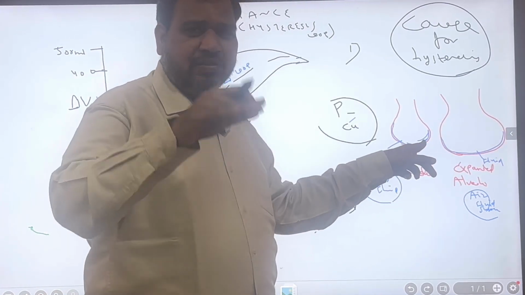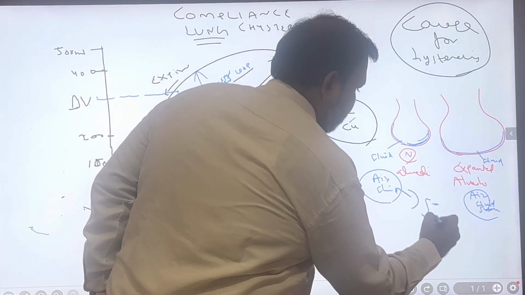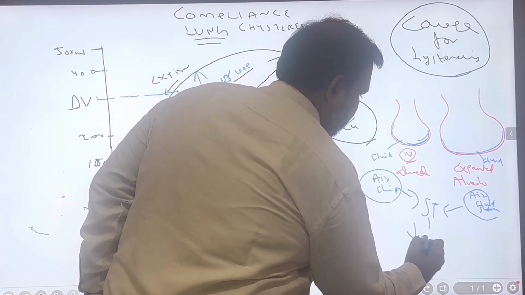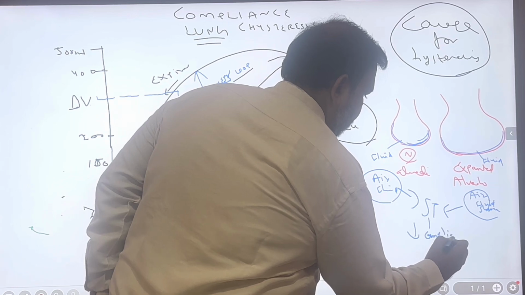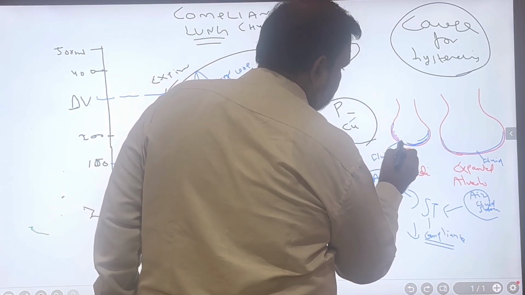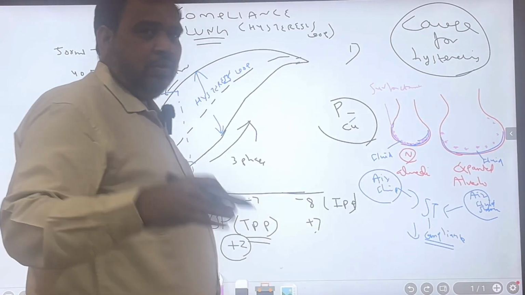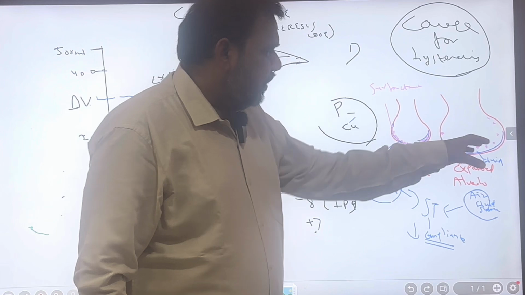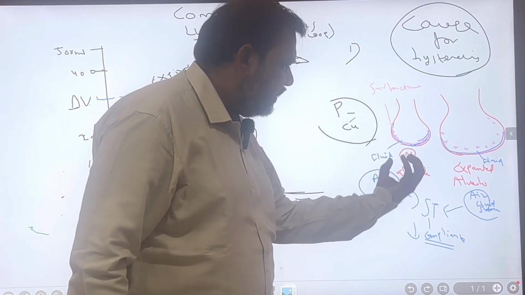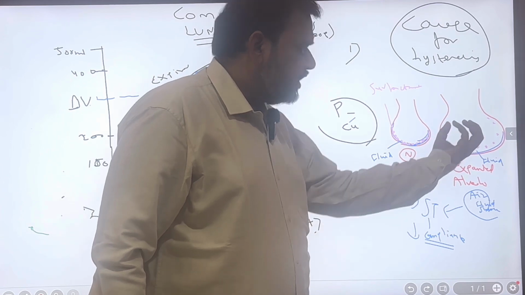And we all know alveoli has an air fluid surface, which is responsible for surface tension, and surface tension decreases compliance. We all know alveoli is lined with surfactant. You can even pause the video and try to answer: can you explain the difference between surfactant present in resting alveoli and surfactant present in expanded alveoli?